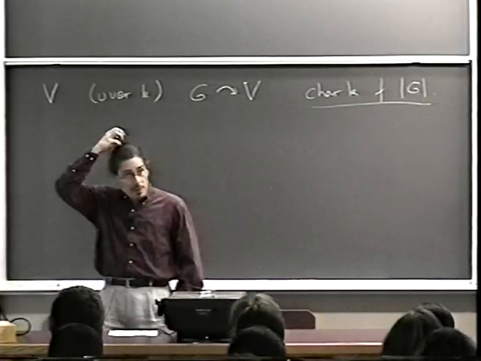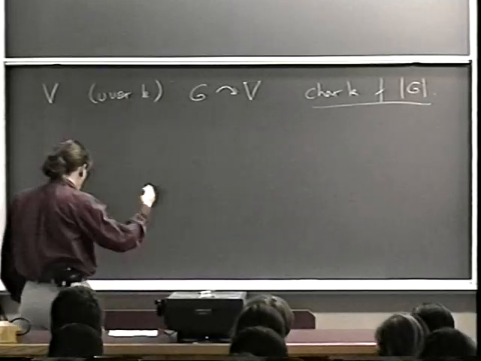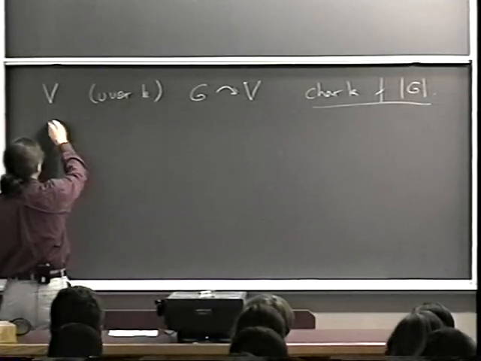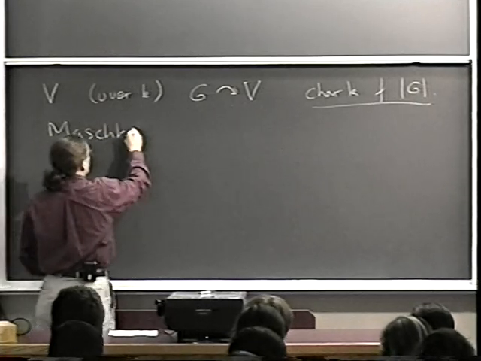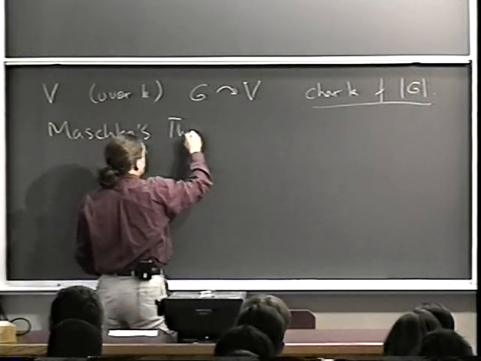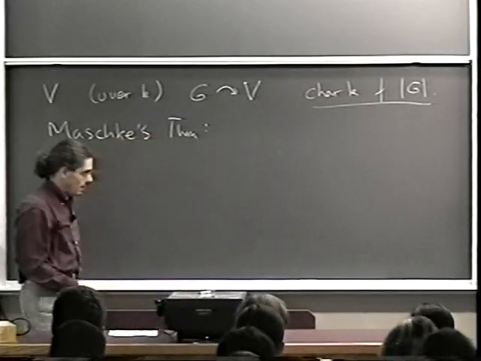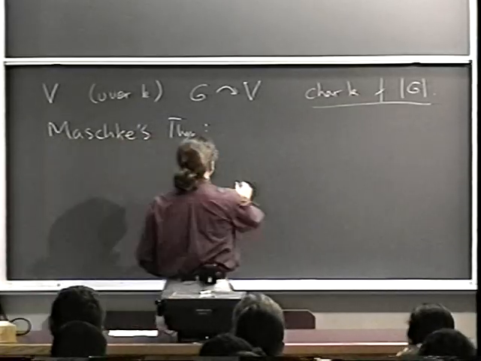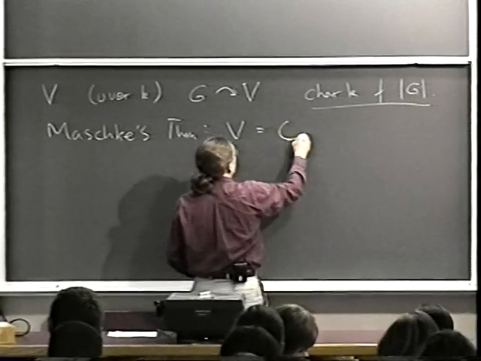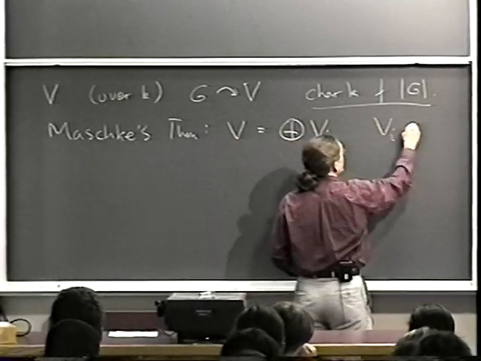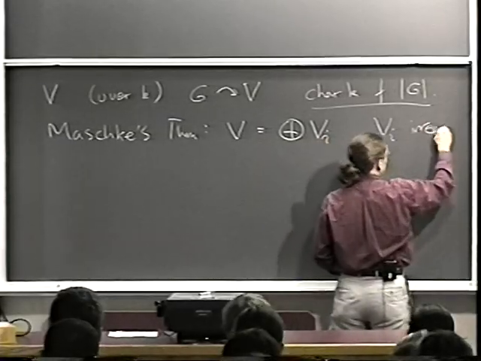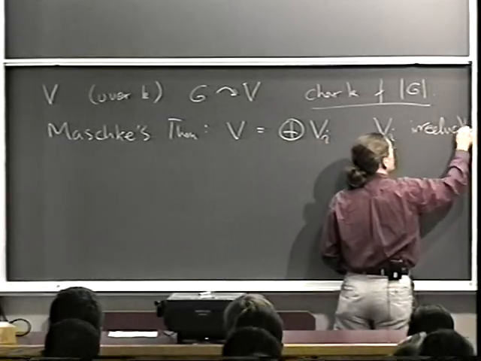And when this is the case, one of the basic theorems in the theory of representations is Maschke's theorem, which says that every such V is a direct sum of irreducible representations V_i. Right, so what does this mean?